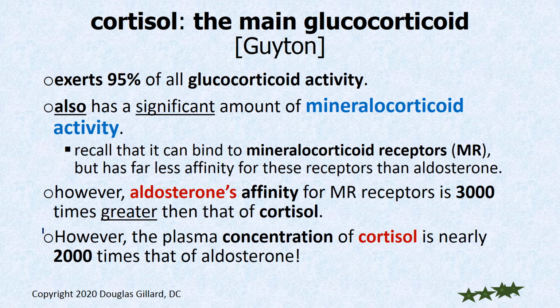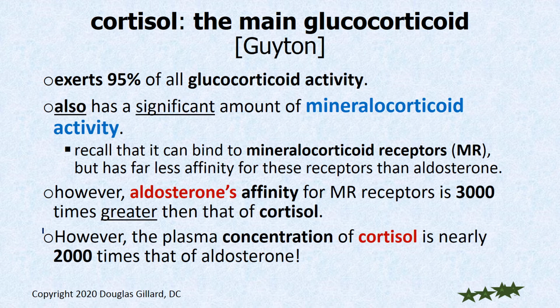Cortisol, of course, is the main glucocorticoid. It exerts 95% of all glucocorticoid activity, has a significant mineralocorticoid effect. I think we talked about how it does act like aldosterone a little bit. And it can bind to the MR receptors, the mineralocorticoid receptors, although it doesn't have a great affinity for those receptors, meaning it's a little bit harder for cortisol to actually bind to an MR receptor compared to aldosterone, which binds to it lickety-split.